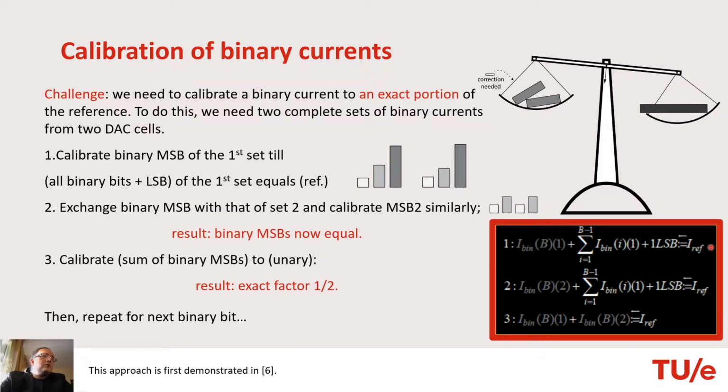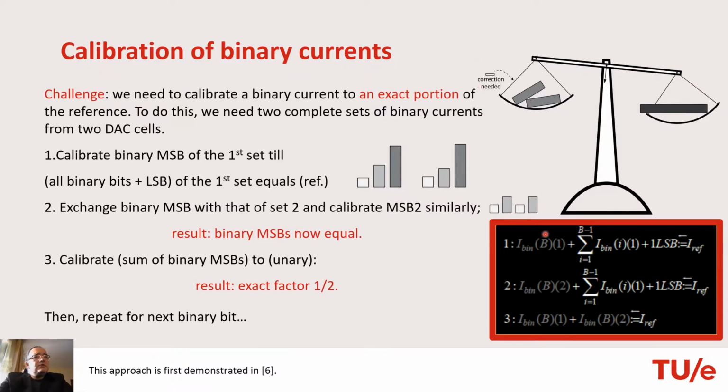However, because of mismatch, the current comparator will show this branch is higher or smaller. If it's lighter, you need to add some current to balance the current comparator, or subtract current if needed.